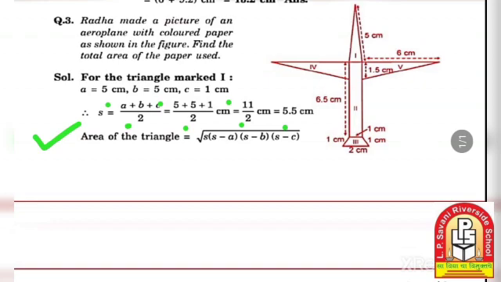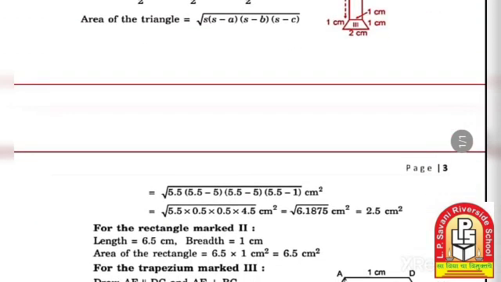So for the area of the triangle, s is equal to 5.5 centimeter, that is the semi perimeter. The area of the triangle is given by Heron's formula, which we use to find the area of a triangle: square root of s(s minus a)(s minus b)(s minus c). Let's put in the values of a, b, c.